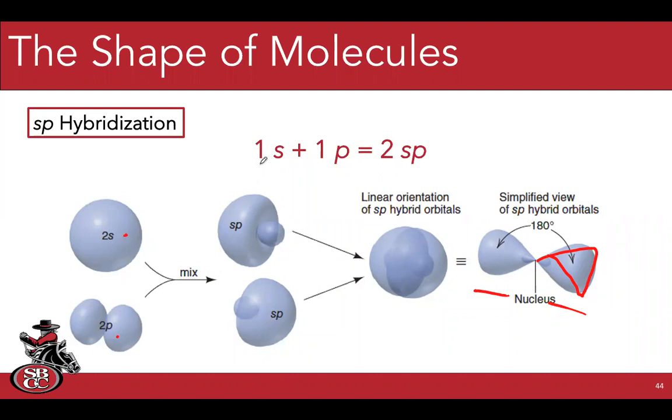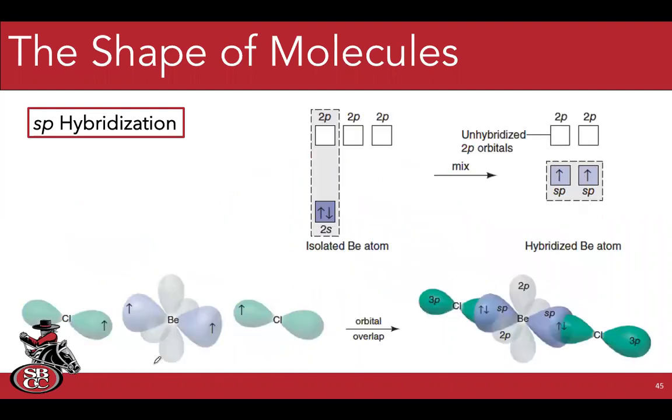And again, 1 s and 1 p make 2 sp orbitals. And again, this is the idea. If you have beryllium, I already said that with the reduced valency that beryllium can bond twice, doesn't have a full octet, but it can still do this. How?